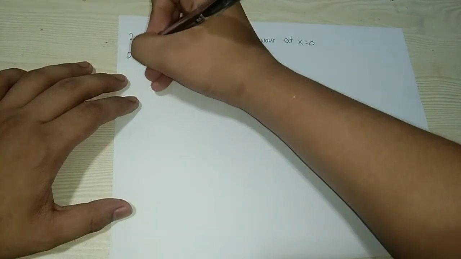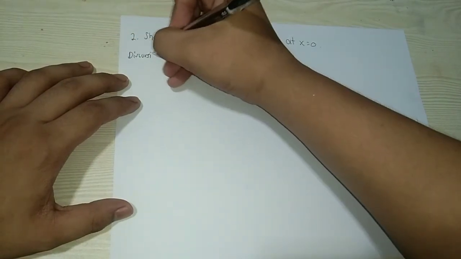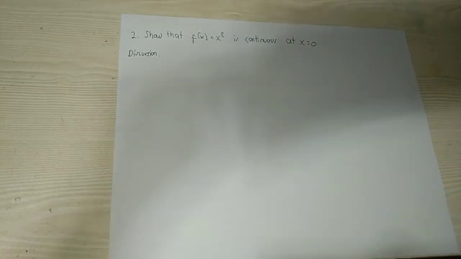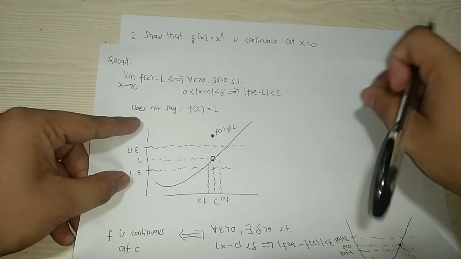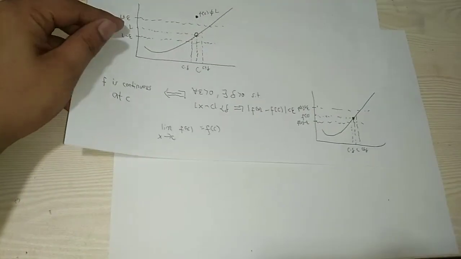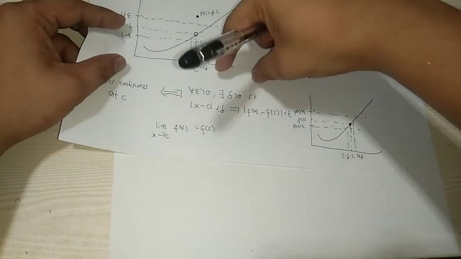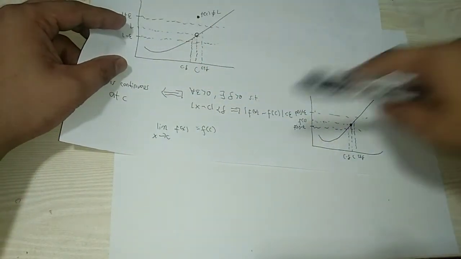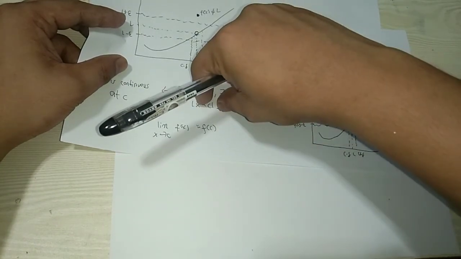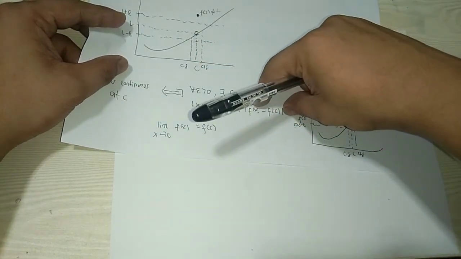So discussion first. From the definition, we will use the epsilon-delta definition of continuity. So let's go back to the epsilon-delta. Here in epsilon-delta, it is the same as the limit. For any positive epsilon, we should be able to provide a delta such that for this condition, we can show this.